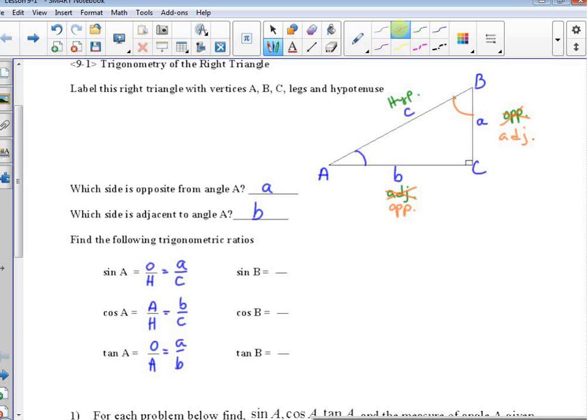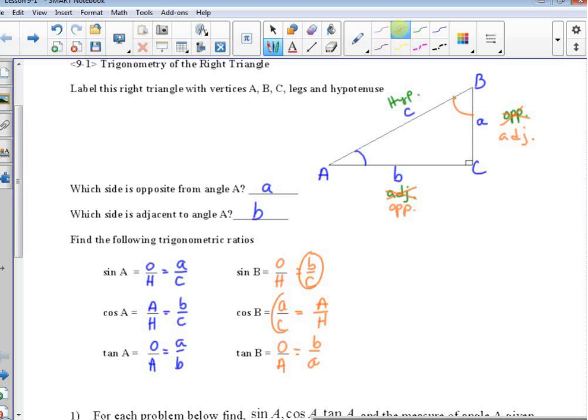So the sine of B is still the opposite over the hypotenuse. So it is going to be now B over C. The cosine of B is going to be A over C because it's equal to adjacent over hypotenuse. Tan B is opposite over adjacent, so tan B is going to be B over A.